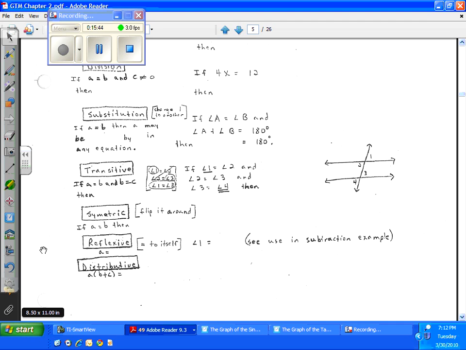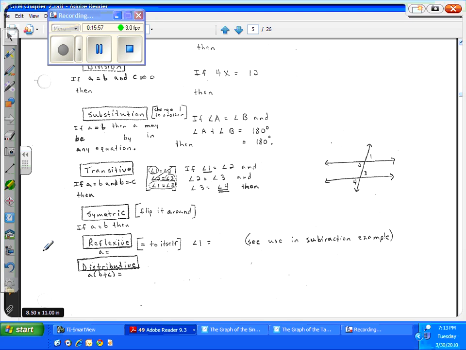Now, we use substitution all through Algebra 1 because to solve a system, one of the methods was to solve by substitution. So we would take what y is equal to and put it in place of y to solve for x. That is on page 29 in the algebra book, and then we began to talk about substitution on page 42 and the substitution property of equality in the algebra text.